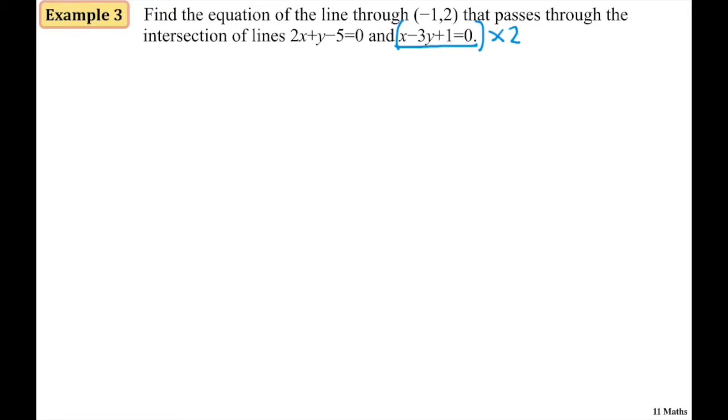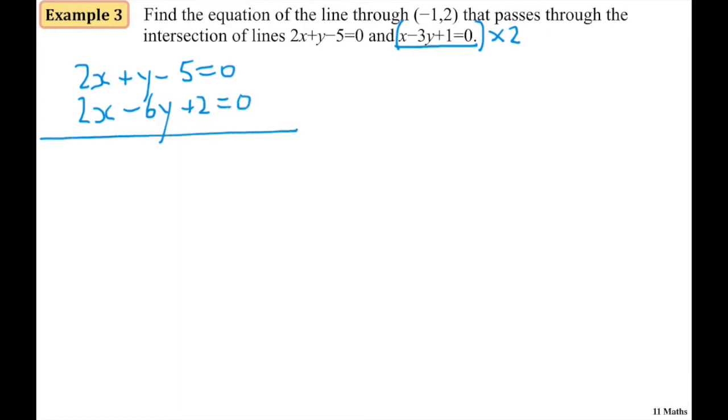So the first line was 2x plus y take 5 equals 0. The second line, when I multiply everything by 2, becomes 2x minus 6y plus 2 equals 0. Now I need to solve this simultaneously. I need to look in front of the x's.